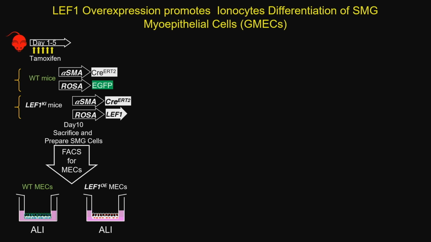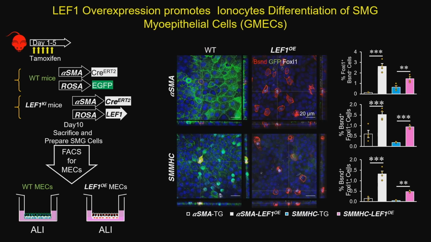All right, let's look for ionocyte differentiation or ionocyte expression in these ALI cultures. After allowing them to differentiate and polarize in ALI cultures, we have seen more BSND in red and also FOXI1 in white in the LEF1 overexpressing myoepithelial cells. And this was not only in one CRE driver.